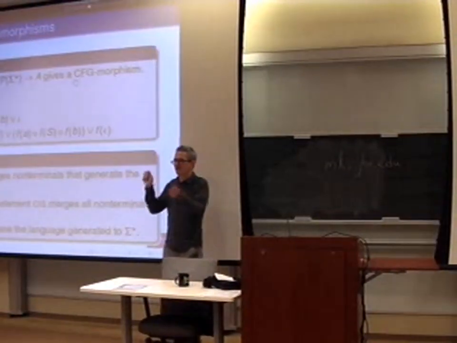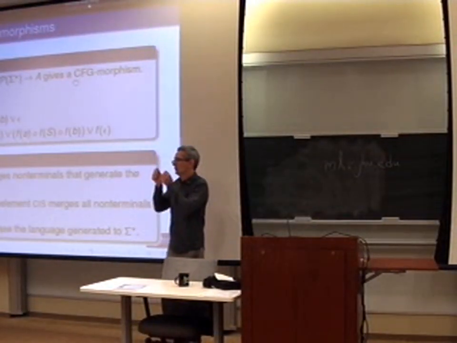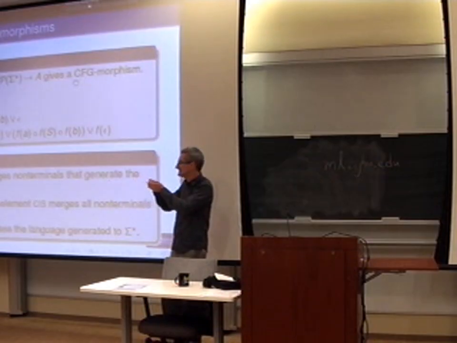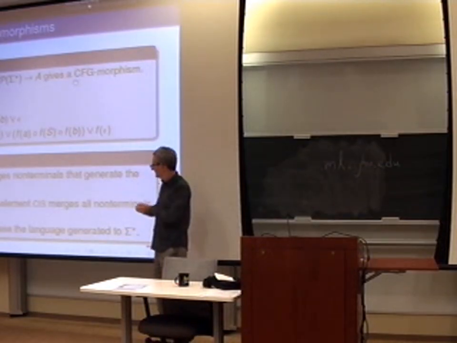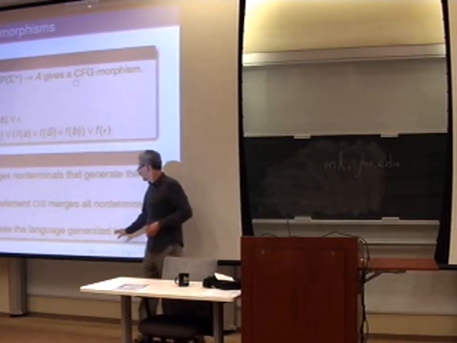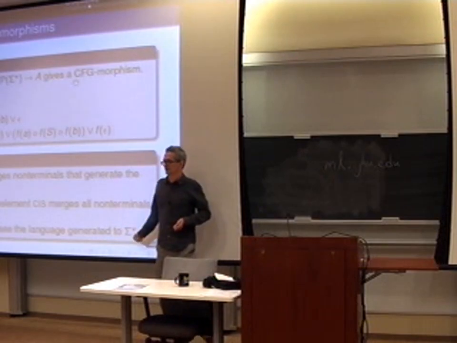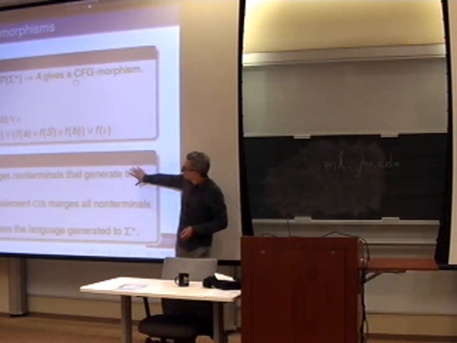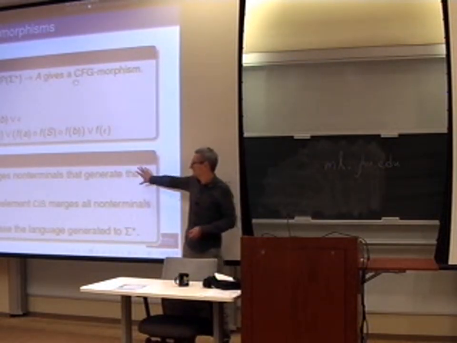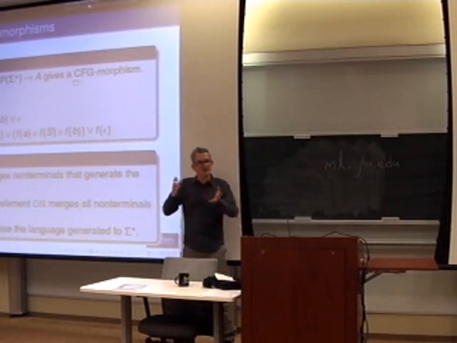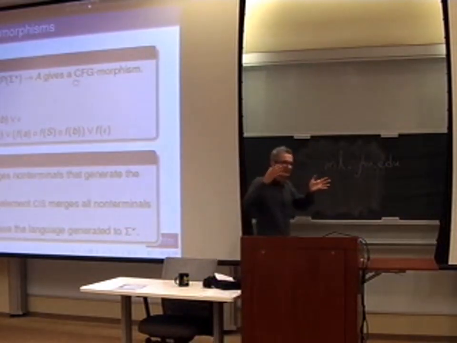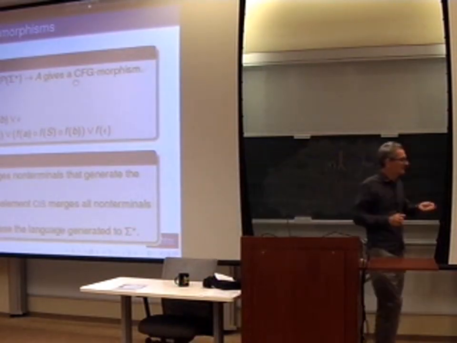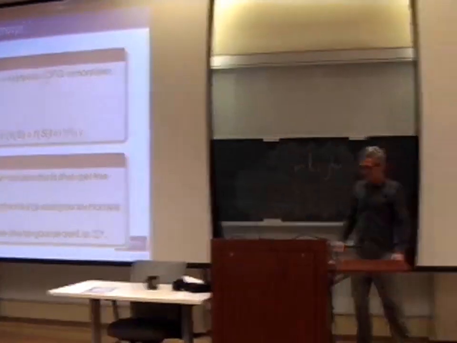This is going to merge all non-terminals into the same element, and this is usually going to increase the language generated to sigma star. So if we have a simple homomorphism, we're going to preserve the language. If we have a homomorphism which is a bit too aggressive, we're going to end up overgeneralizing.